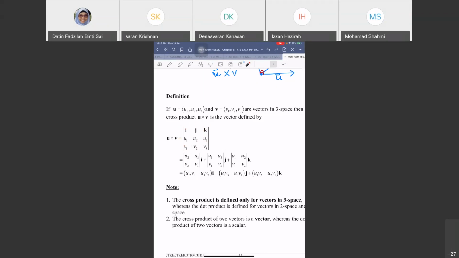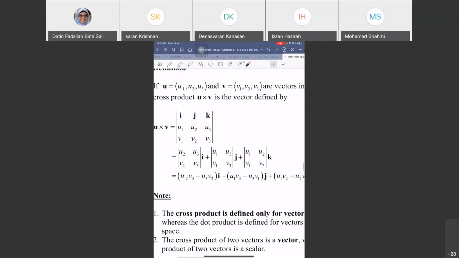It's just that your first row is your unit vectors i, j, k. There's a typo here: this is supposed to be a minus.